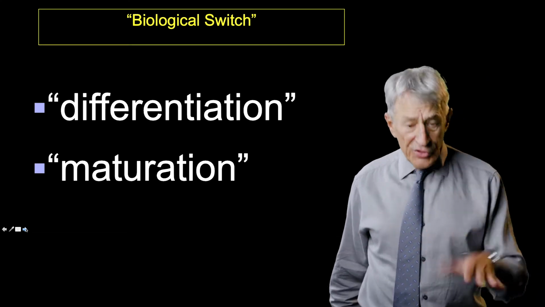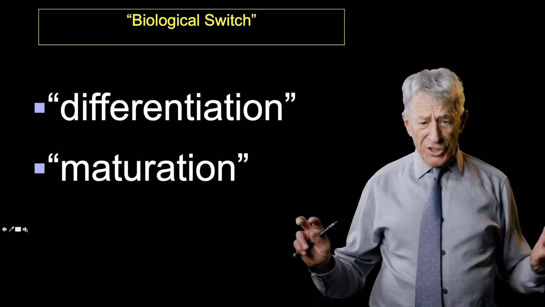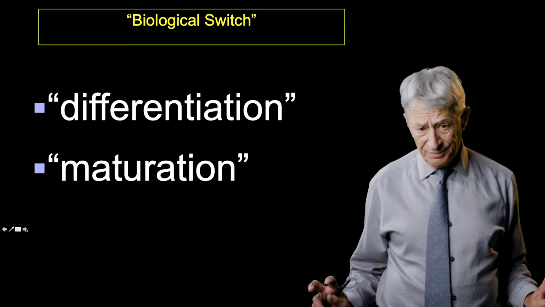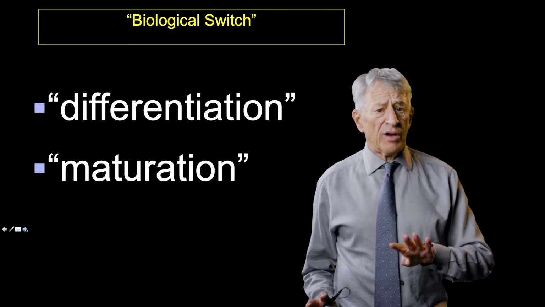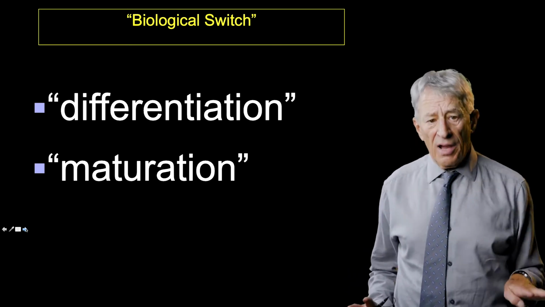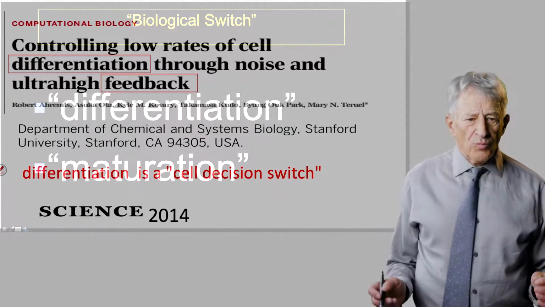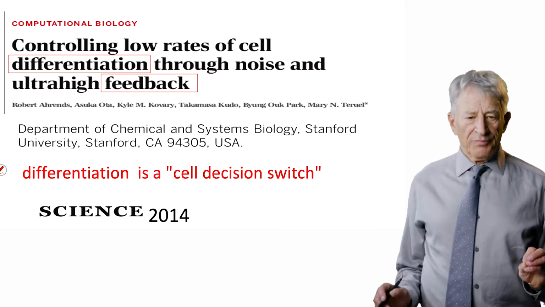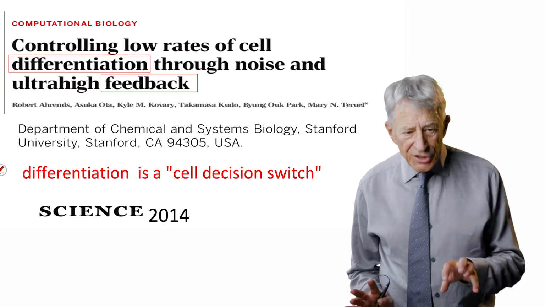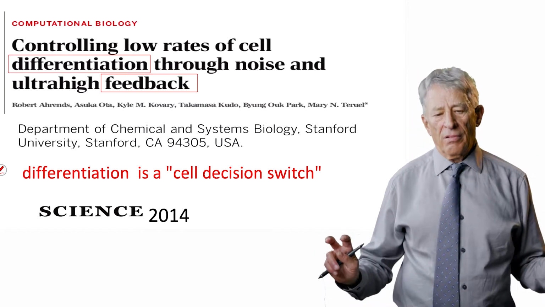They're used as words, but they have scientific definitions: the concept of differentiation and the concept of maturation. And I'm going to show you work done by others modeling these two phenomena as saddle node bifurcations. So our first example of a saddle node bifurcation is going to be the definition of the concept of differentiation.